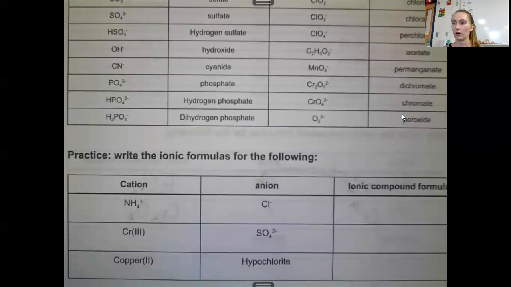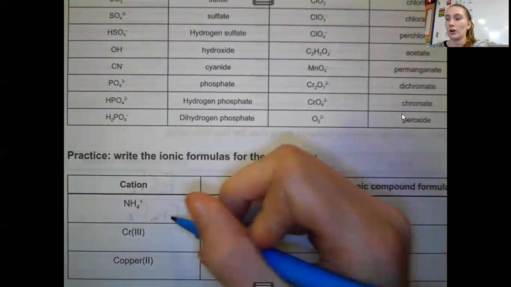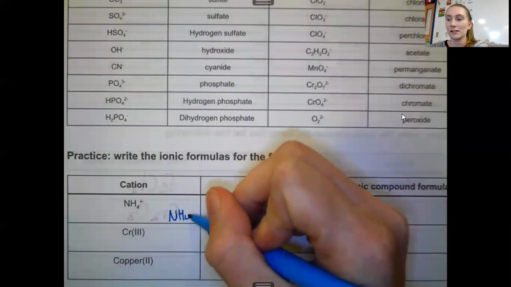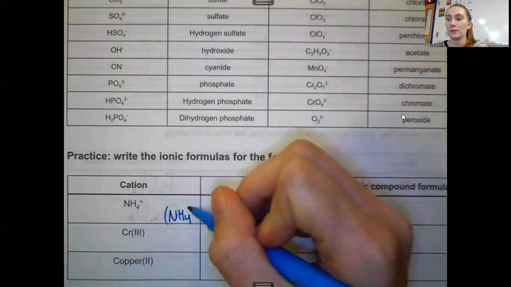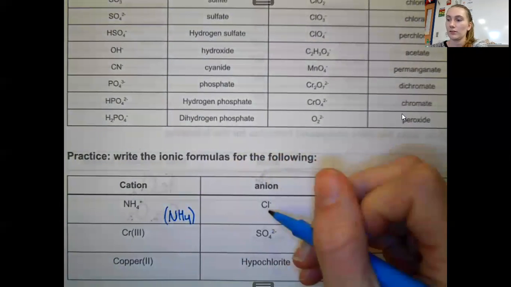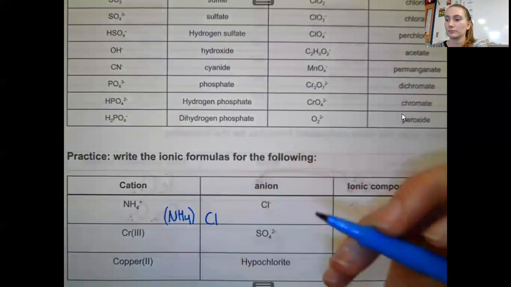Chlorine has a minus charge, NH4 has a plus charge. With the crisscross method, our cations always go first. Our cation here is NH4, and I'm going to put it in parentheses just to make it more distinct. And I've got my chlorine.